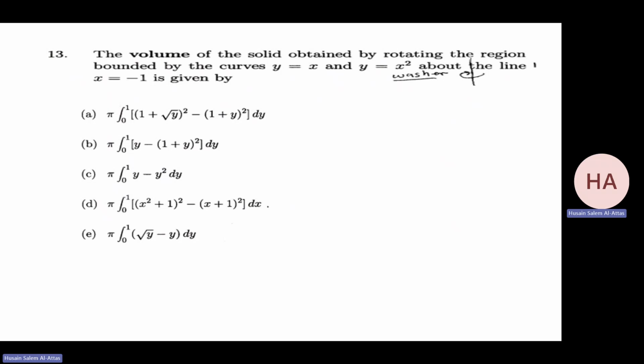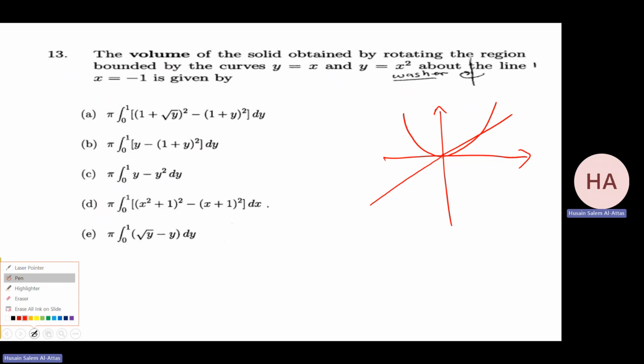Okay. The volume of the solid obtained by rotating the region bounded by the curves about the line this. Okay. Let me graph the curves. I have y equal x squared and y equal x. So I'm talking about which region?